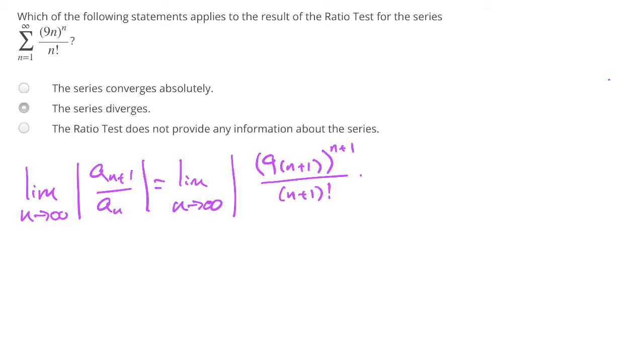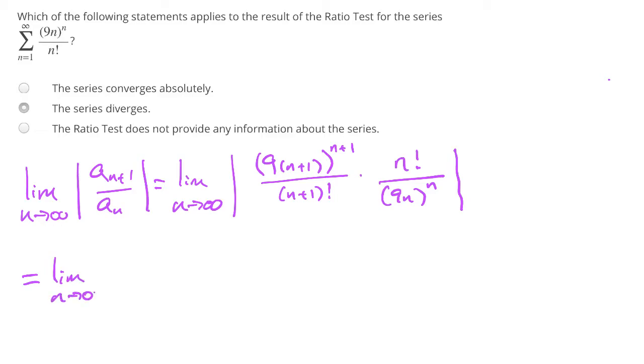And then for our denominator, we have our nth term, which, if we just go ahead and do the reciprocal for that one, we have n factorial divided by 9n raised to the n power. So now we'll just do some algebra and see if we can simplify some things.